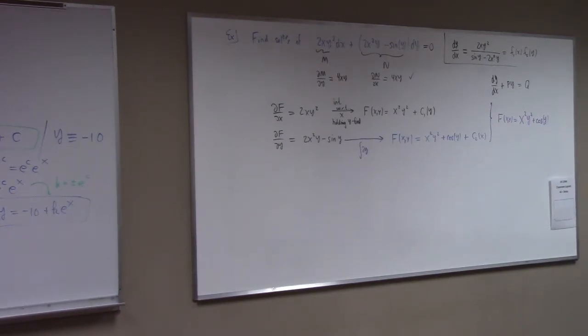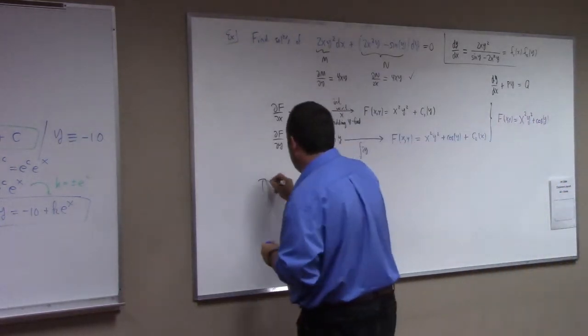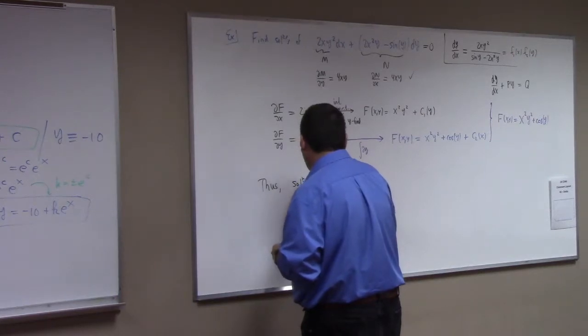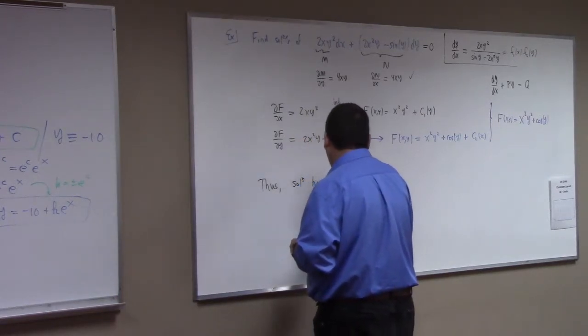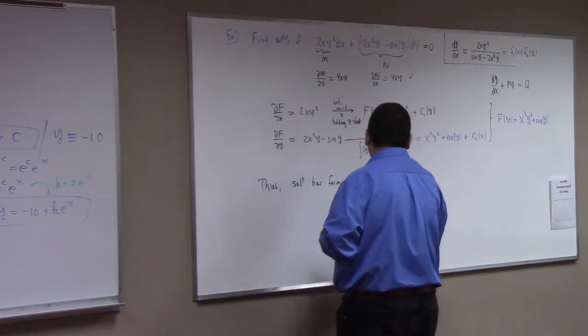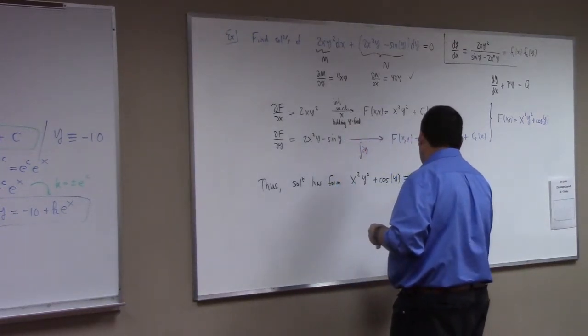Set of x, y that solve it. So what's the solution? It's not that. It's that equal to a constant. That's the solution, by the theory we talked about: x squared y squared plus cosine of y equals some constant.